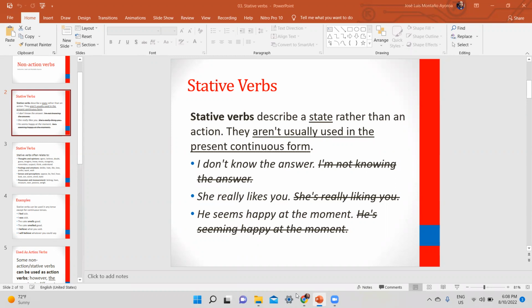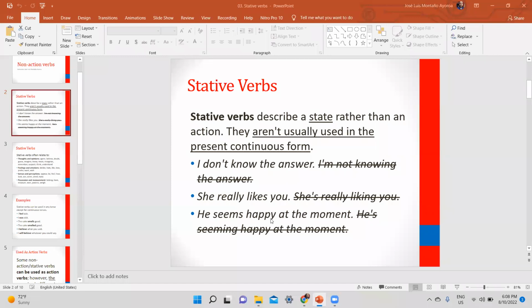But a non-action verb is something that you can notice, but it's not a movement. It's not an action that you perceive. It's more an idea that you have about that person, and the person shows that state. That is very important once again.